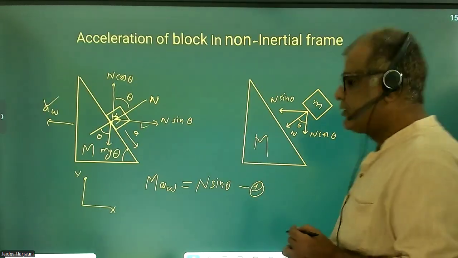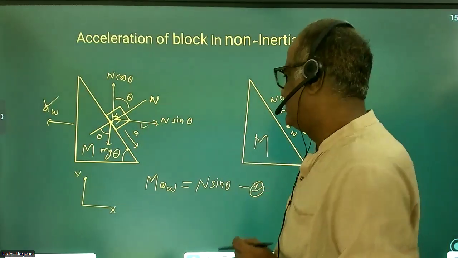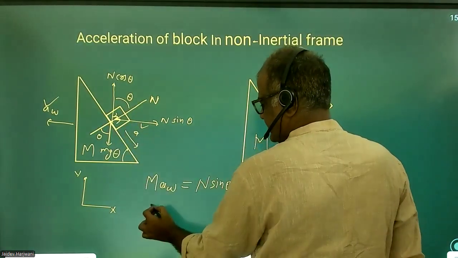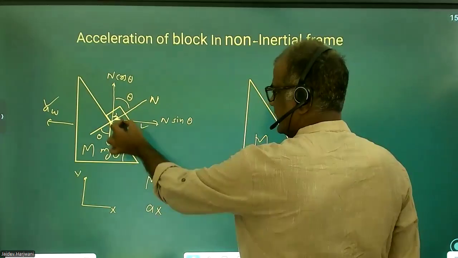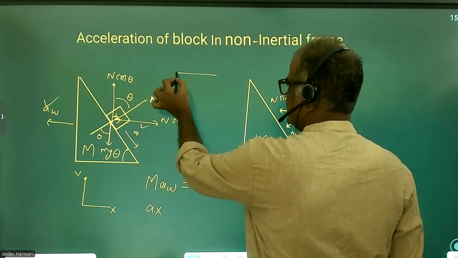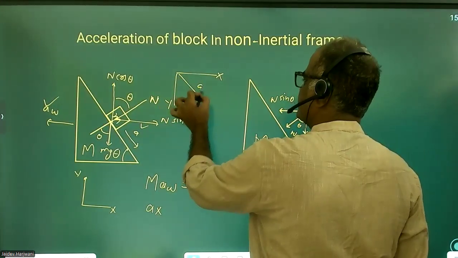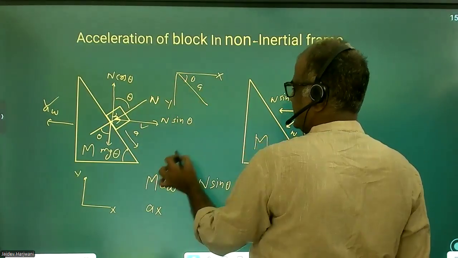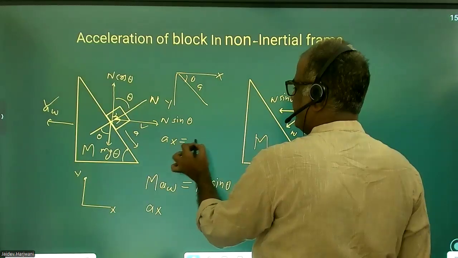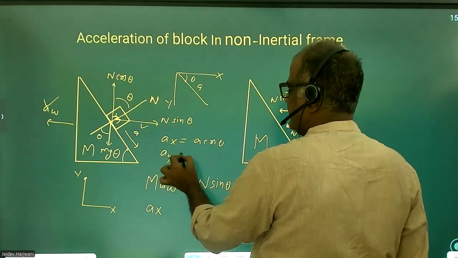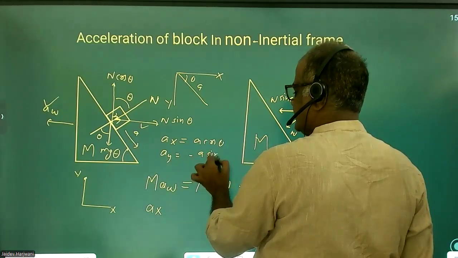Now coming back to the block, if I see the x component of the acceleration, which is a_x. This is my x-axis, this is my y-axis, and this is my acceleration, at angle theta. So my a_x component will be a cos theta, and my a_y will be minus a sine theta.